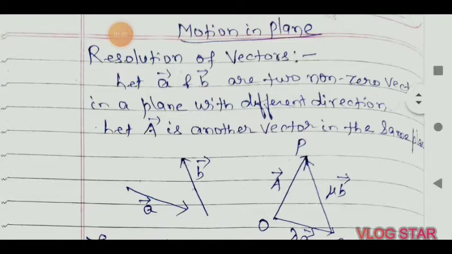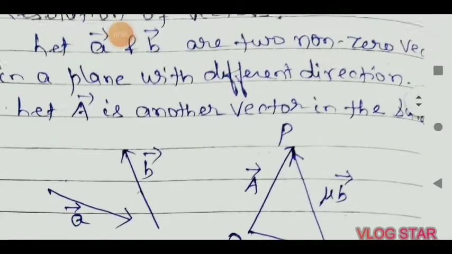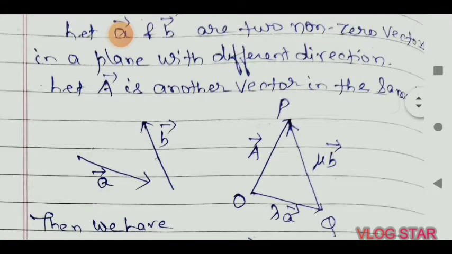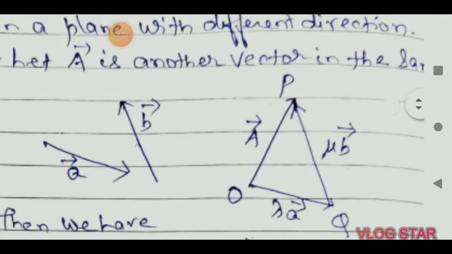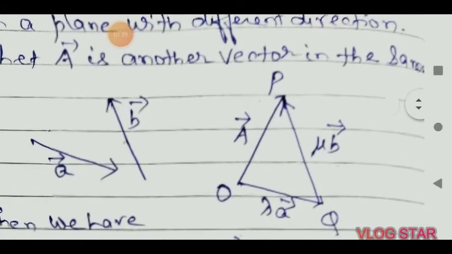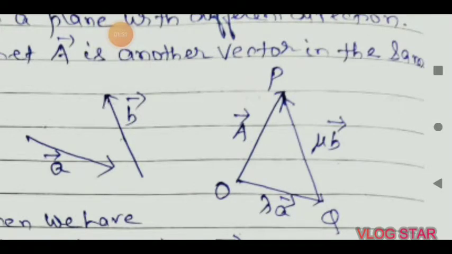Okay. So suppose we have two vectors, small a and small b. These are non-zero vectors in a plane. The same plane we have taken, but their directions are different, as shown here. Their lines of action are different. Now there is another vector A that is represented by OP.